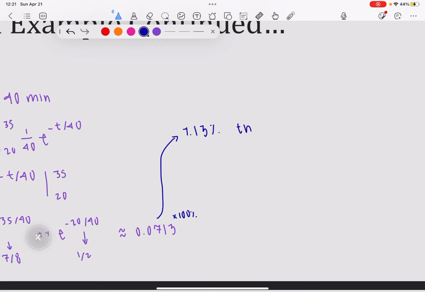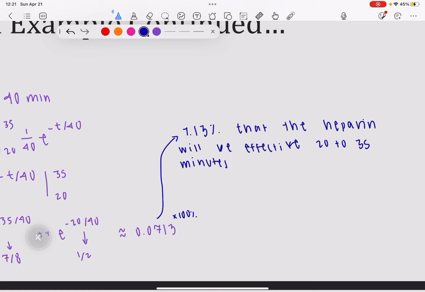Okay? 7.13% chance that the heparin will be effective 20 to 35 minutes after initial injection. And that is how you do those problems.